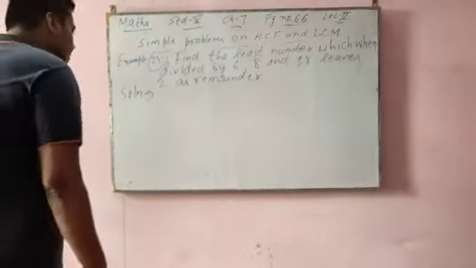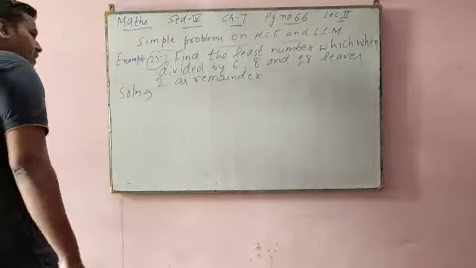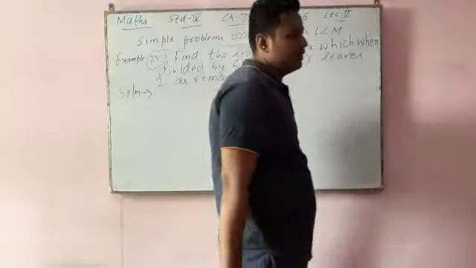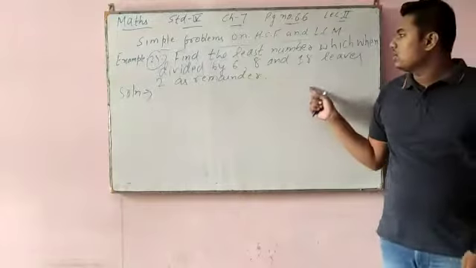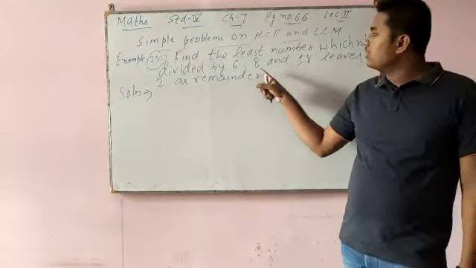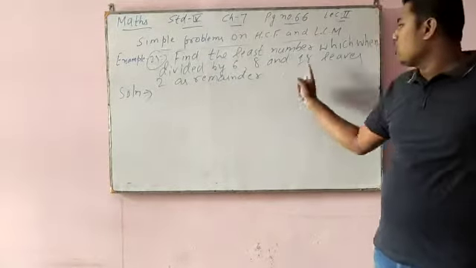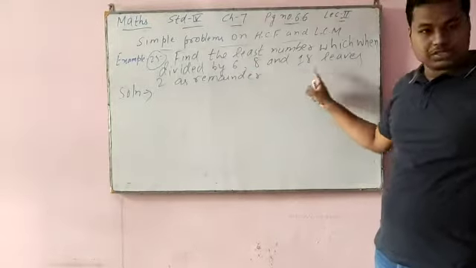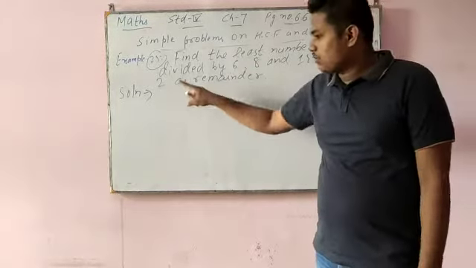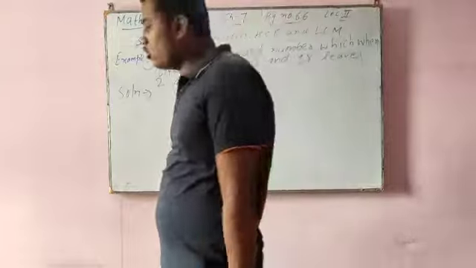So see, first we will find the LCM of 6, 8 and 18. And the question is, after that you have to find the least number which, when divided by these, leaves 2 as remainder. Now whatever LCM comes from 6, 8 and 18, in the last we will add 2 to it.